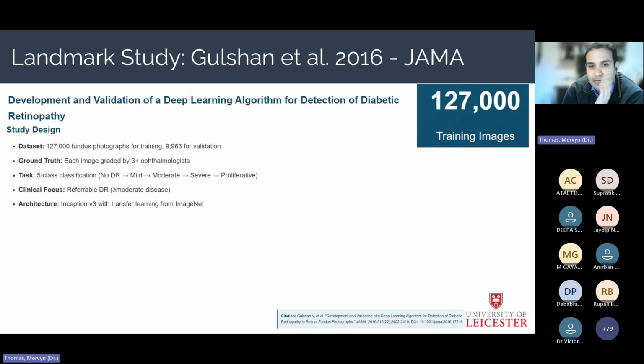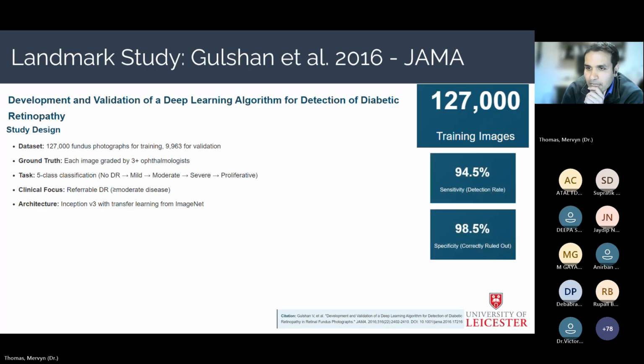They used the Inception V3 architecture with transfer learning from ImageNet. This was published in JAMA, one of the most prestigious journals, as some of you might be aware. It became the most cited paper in ophthalmic AI. Last I checked, it had over 8,000 citations.